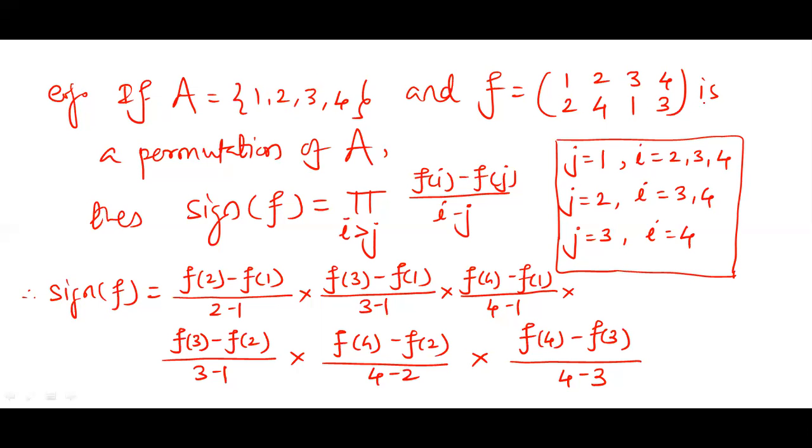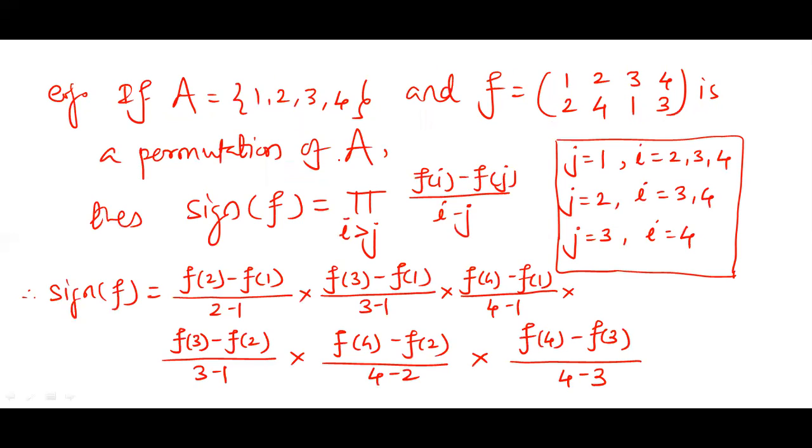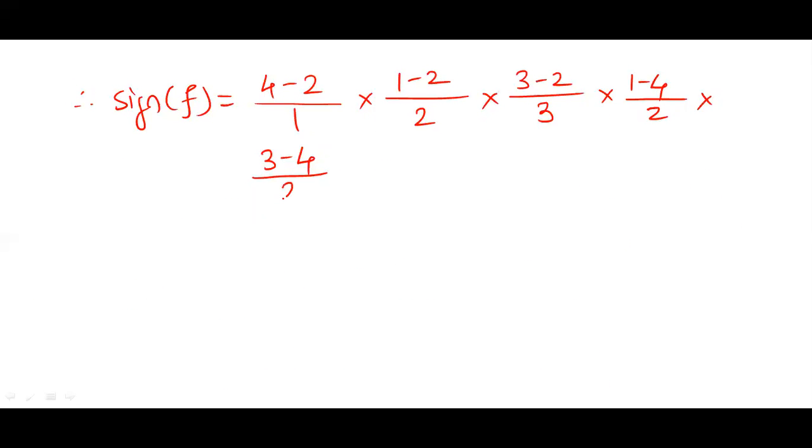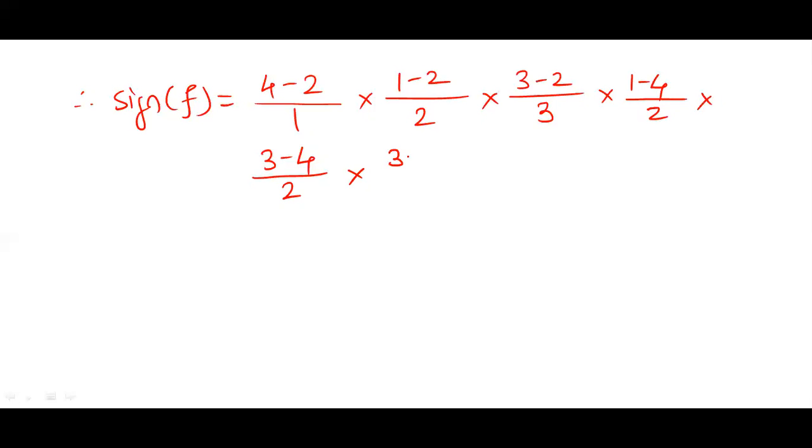In the fifth term we have f(4) is 3 and f(2) is 4. (3 minus 4) divided by (4 minus 2), that is minus 1 by 2, into f(4) is 3, f(3) is 1. (3 minus 1) divided by (4 minus 3), that is 2.